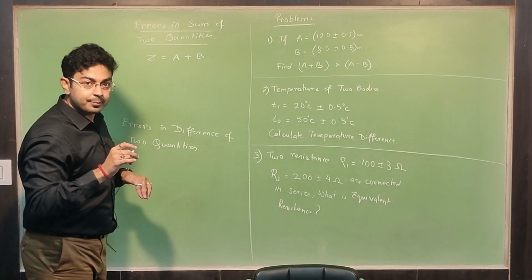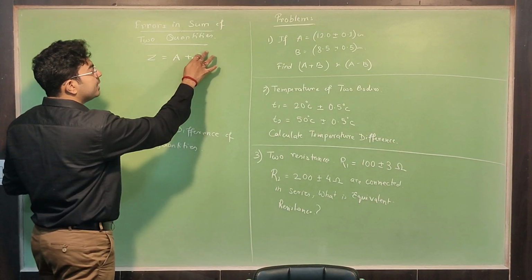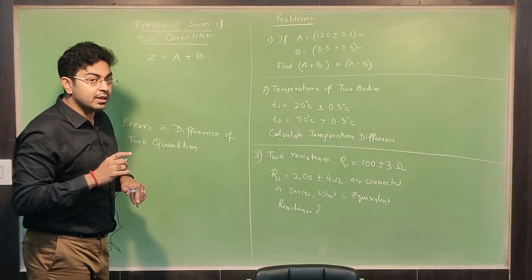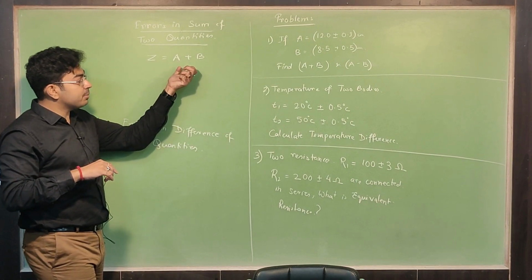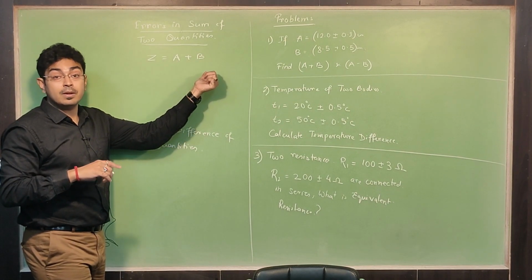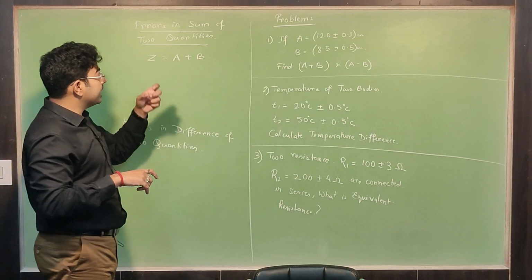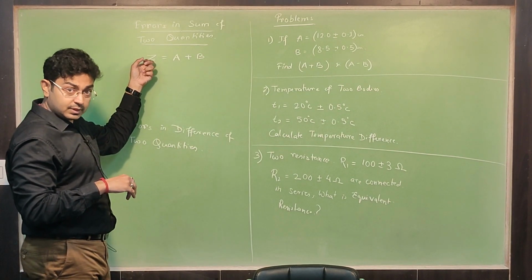No, there will be an error. When you are going to take a measurement of B, will it be a true value of B? No, there will be an error. So the error that you have found in the measurement of A and B is going to reflect on this one as well, right?